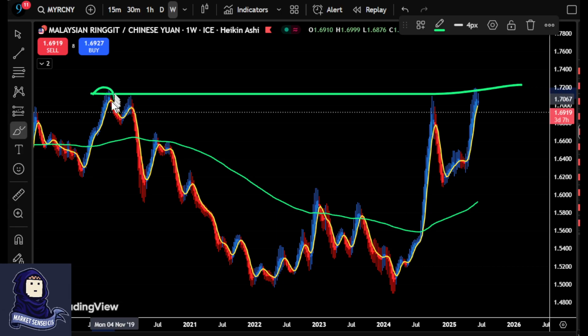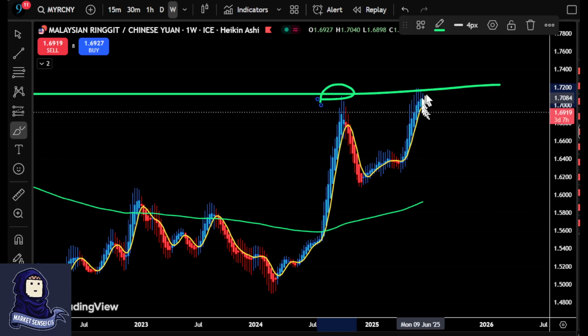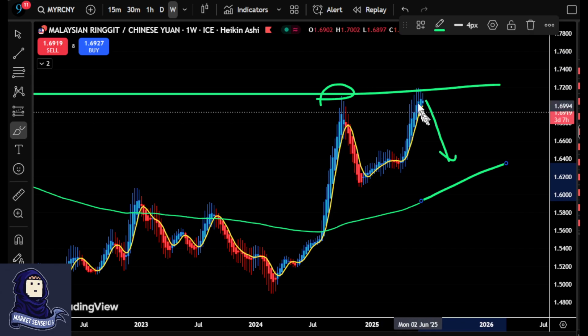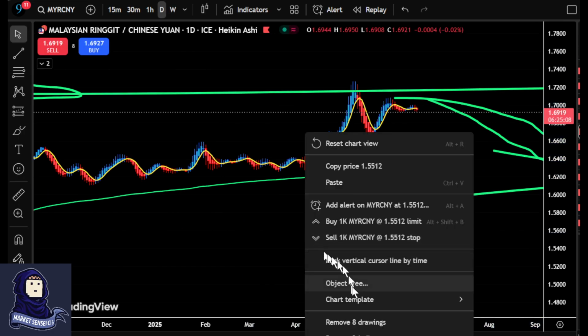Every time it touches here, there is bound to be some kind of pullback: small pullback, big pullback, medium pullback. Now you can see that the momentum is dying down here, so expect some kind of pullback for ringgit versus the Chinese yuan. So if you're holding ringgit, it's best to change it to other foreign currencies because the ringgit appears to be coming downwards. Let's check out the daily chart.